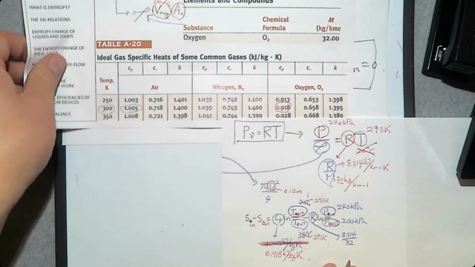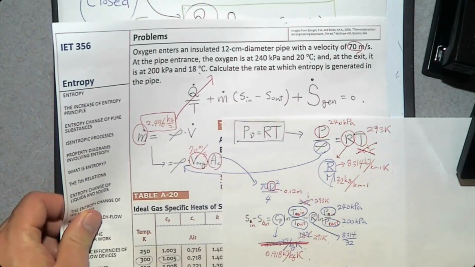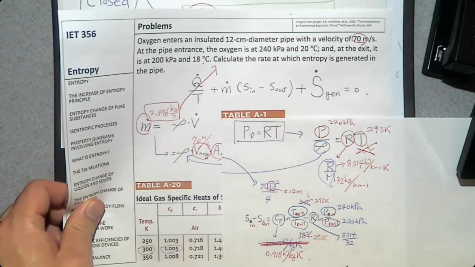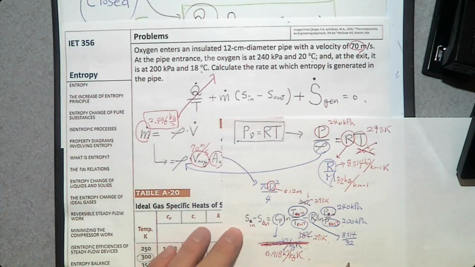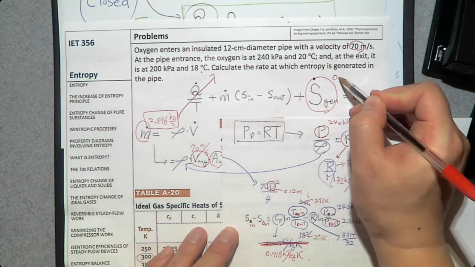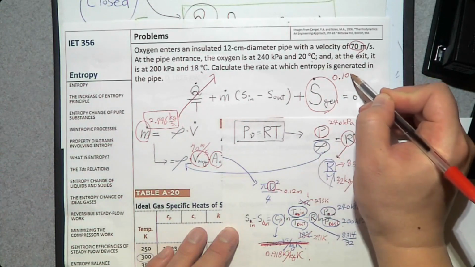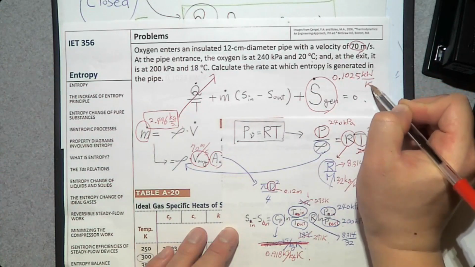So going back, I need to match the arrows. Is that right? This way? No. This is right. So if you do the calculation, we get everything. The rate of entropy generation is going to be 0.1025 kilowatt per Kelvin.